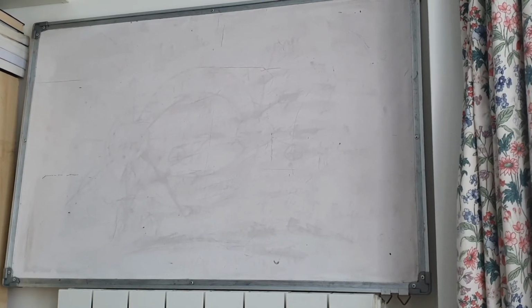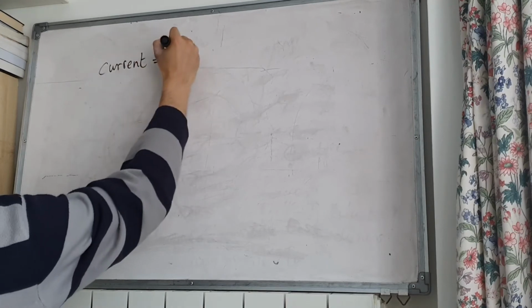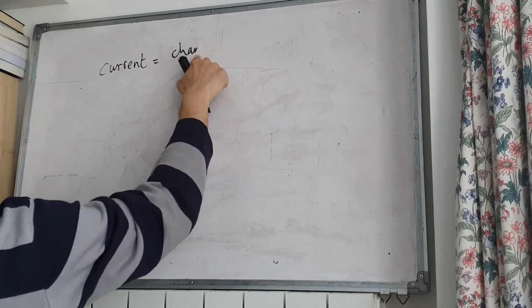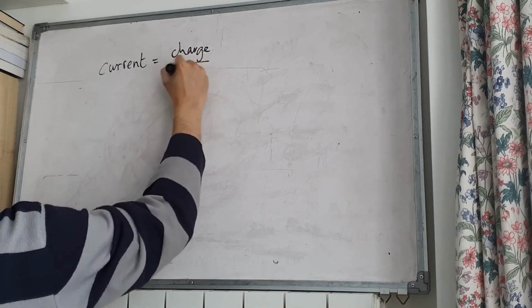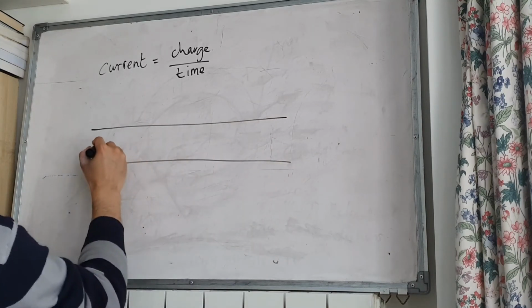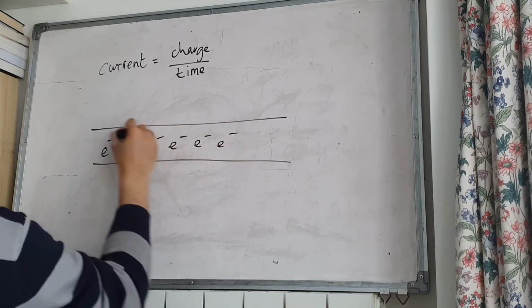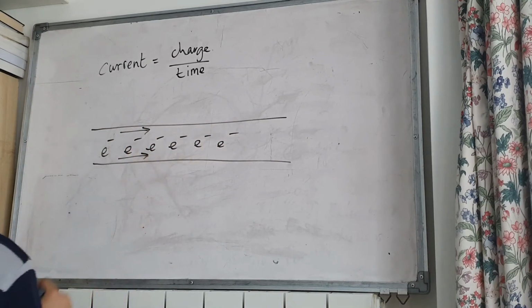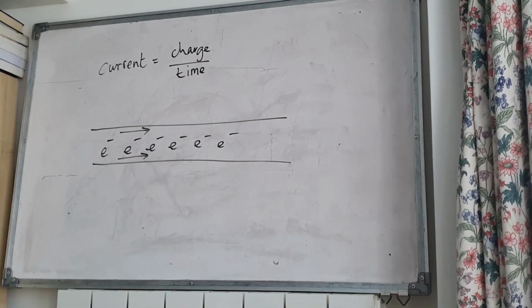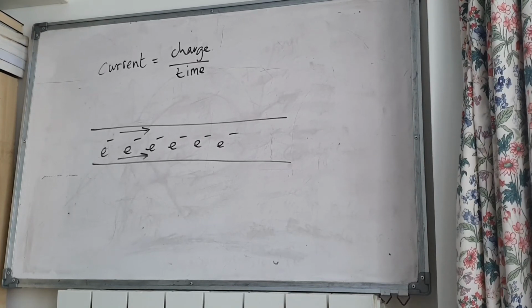And what about current? What is current? I'm going to show you the equation first. Okay, so the current is how much charge passes through a point per unit time.